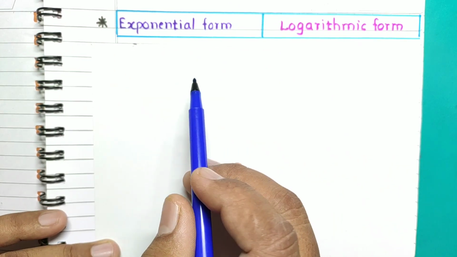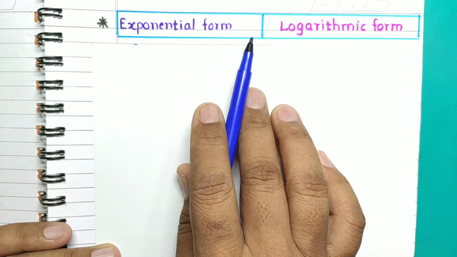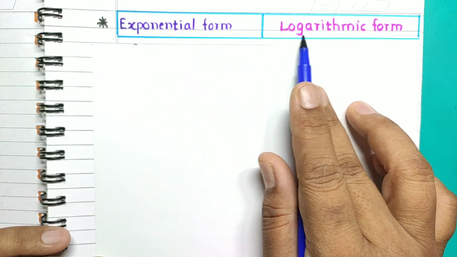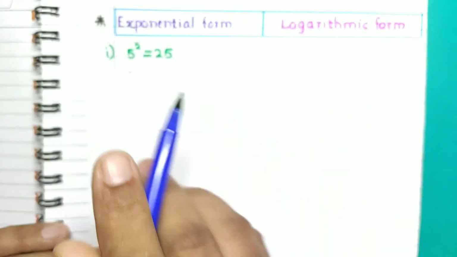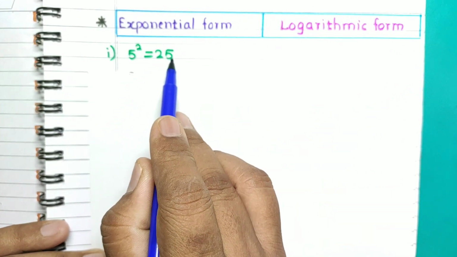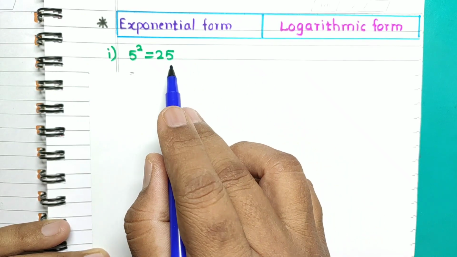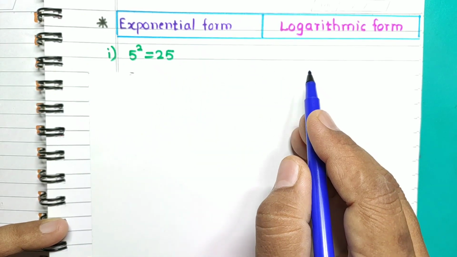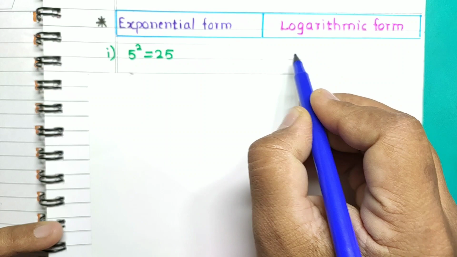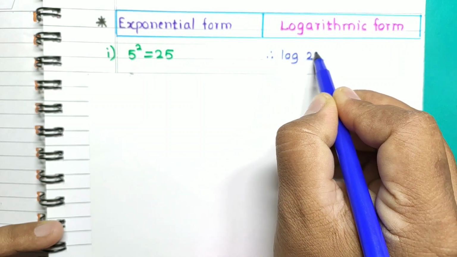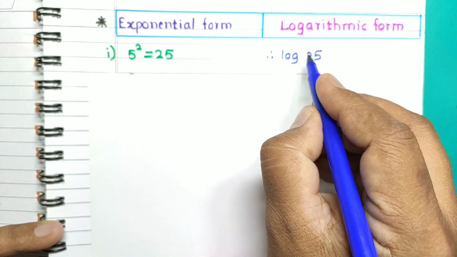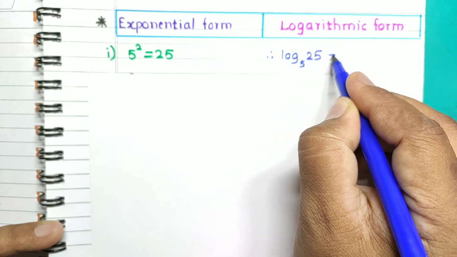Students, see here we are given some exponential forms and we are going to write their logarithmic form. First example is 5 squared is equal to 25. So for this exponential form, the logarithmic form is log of 25 to the base 5 is equal to 2.